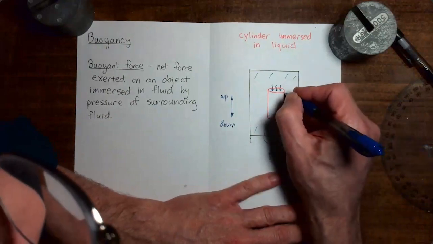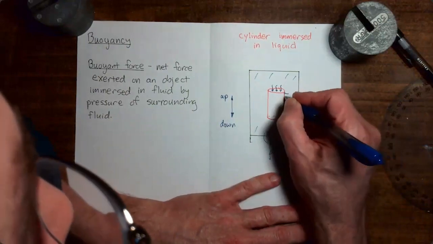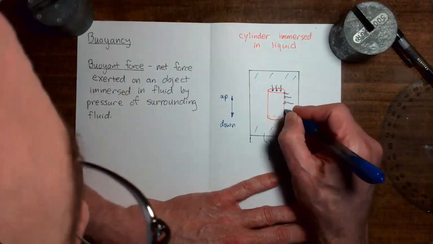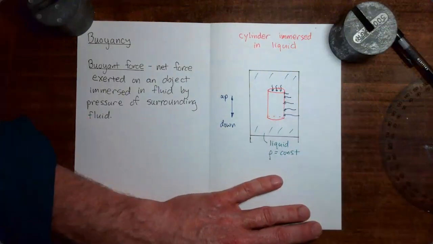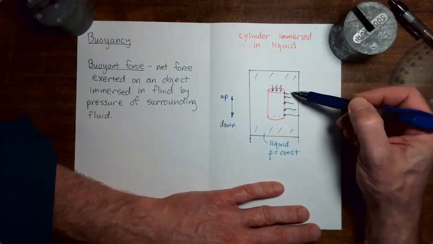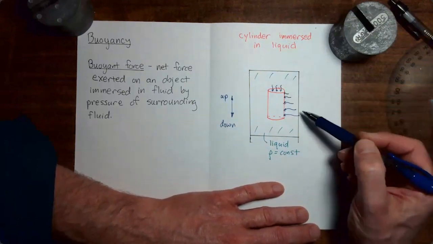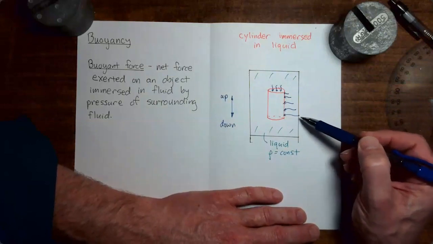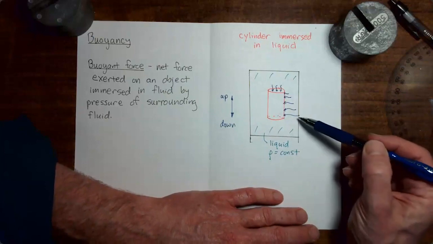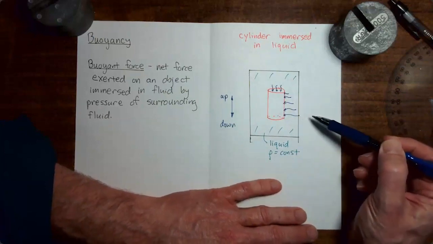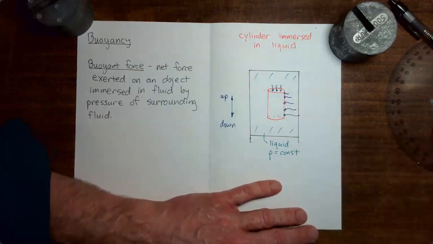But as I go deeper into the liquid, the pressure is going to get stronger, and I illustrate that with longer squiggly arrows. Again, notice that everywhere I draw those squiggly arrows are pushing perpendicular to the surface of the cylinder to illustrate the action of the pressure pushing perpendicular to the face of the cylinder.